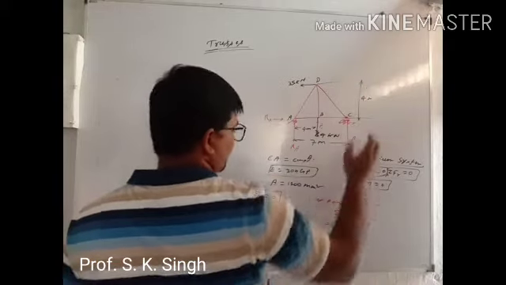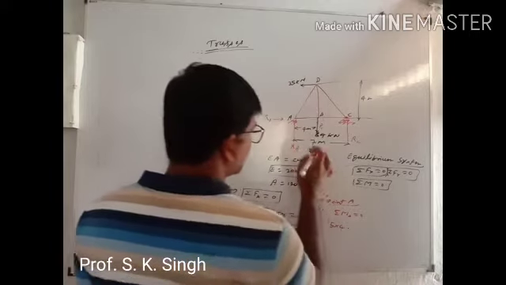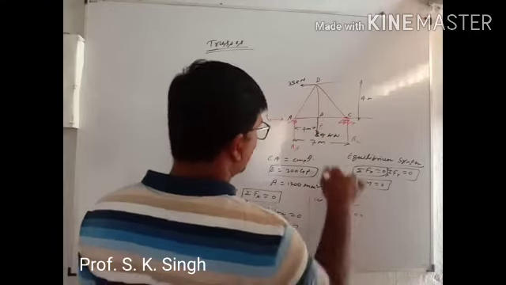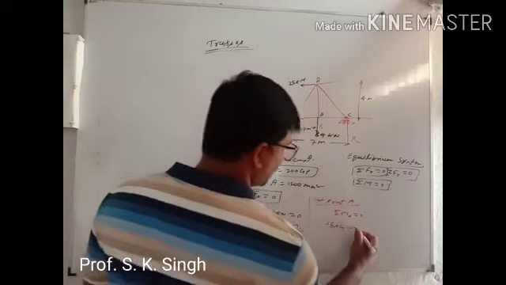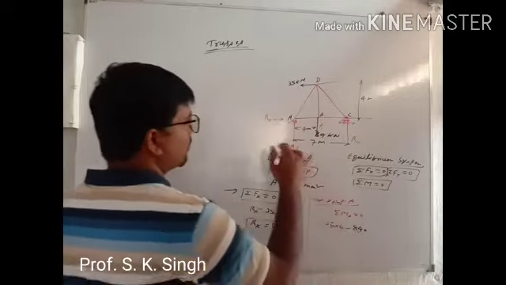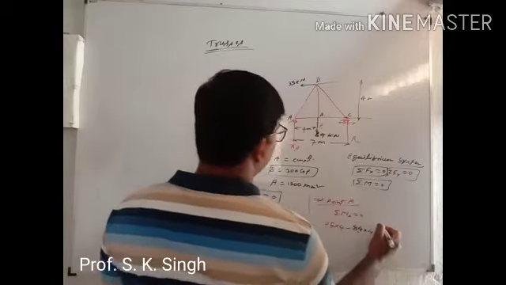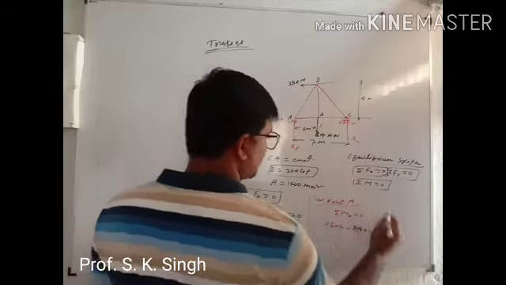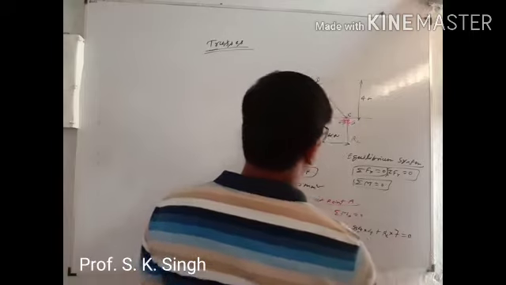Next, this load is downward, so the opposite sign, minus: 84 into 4. Then again plus, because RC into 7 equal to 0.